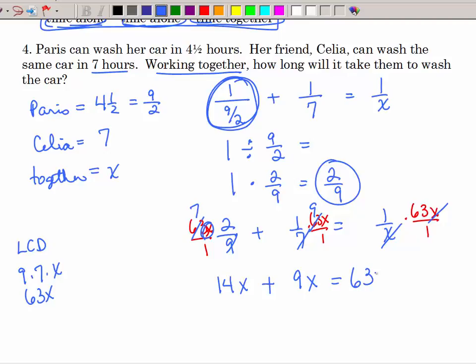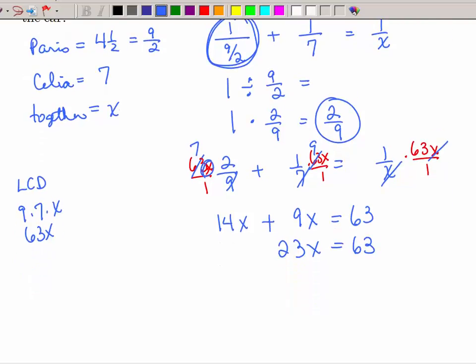And look at there, not a quadratic. Just collect like terms. I believe that is 23x equals 63. So it looks kind of ugly, but that's okay. We're going to divide by 23, and x is 63 over 23, which you could not reduce. You can leave it like that.